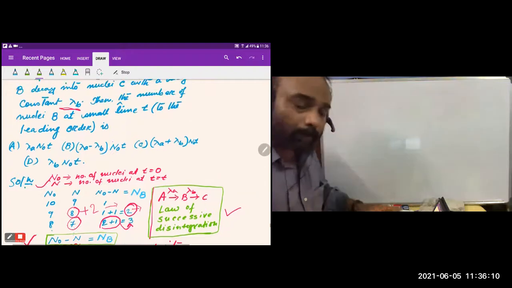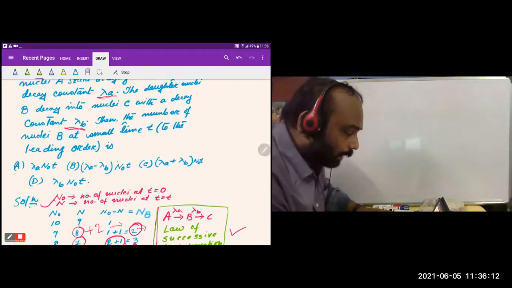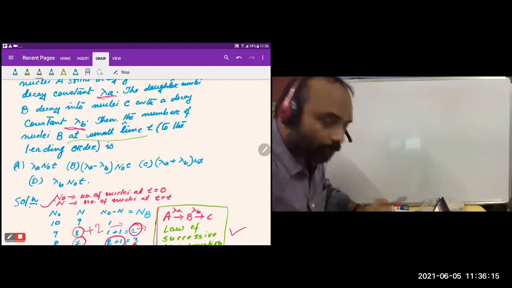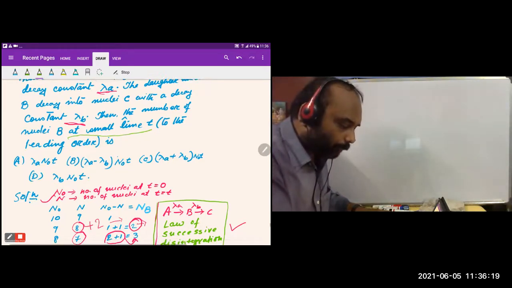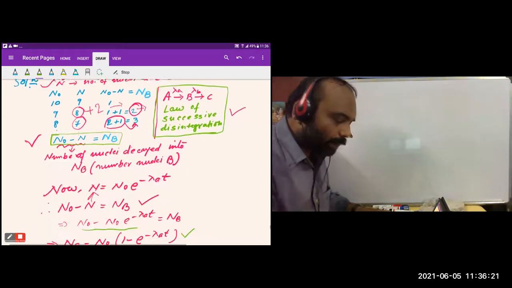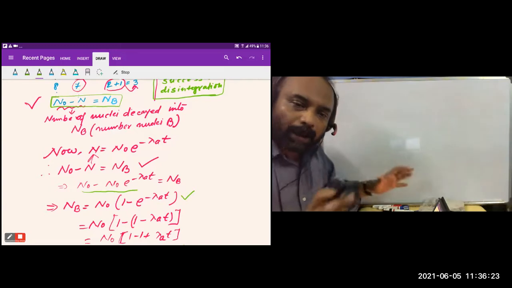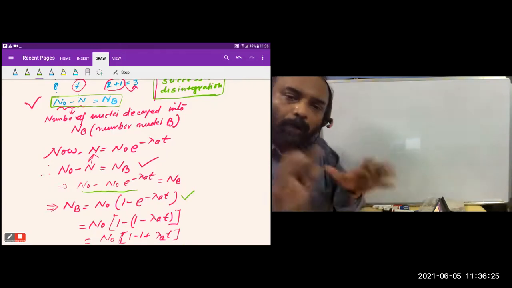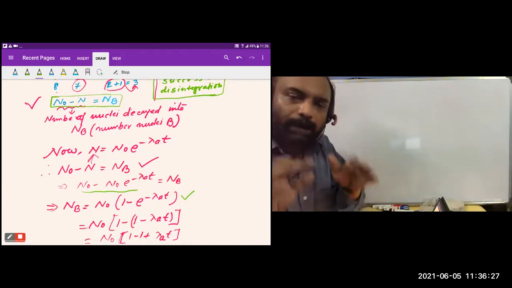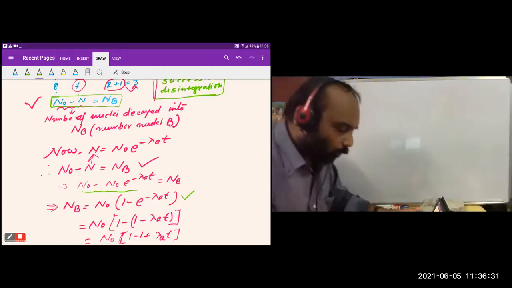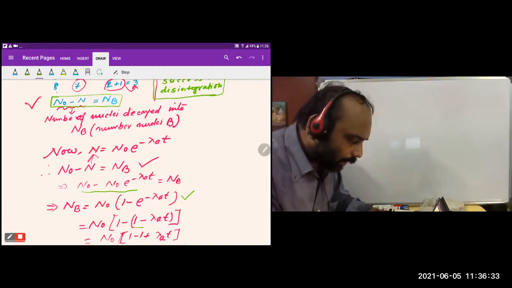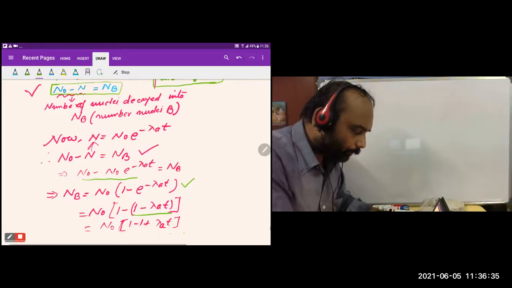What does it say in the problem? At a small time t. Therefore, we can do the expansion of e to the power minus x, that is e to the power minus lambda A t, which is 1 minus lambda A t.